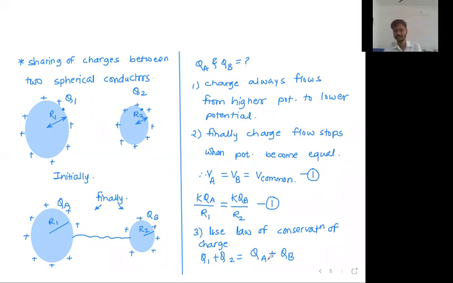It will get balanced. Now you have two equations, two unknowns. Not a big deal for you. Yes, no, reply in the chat box. Question solved, concept clear. Finally potentials will become equal, and charge conservation.